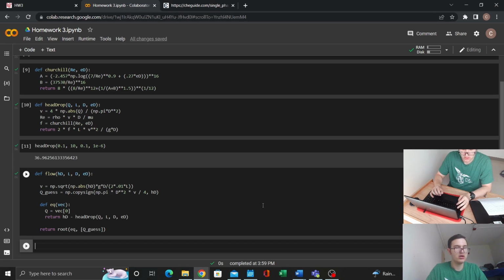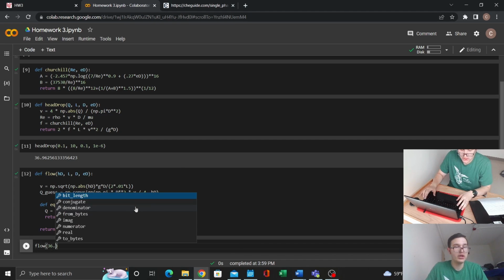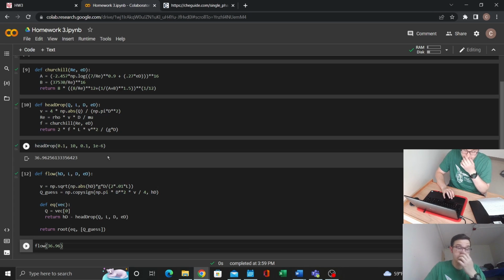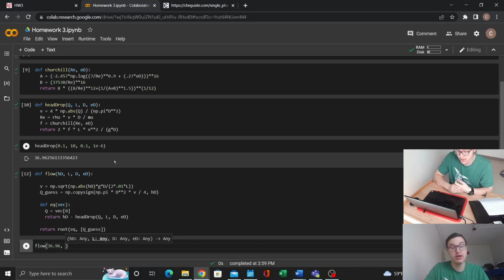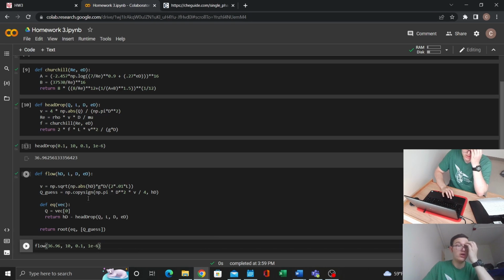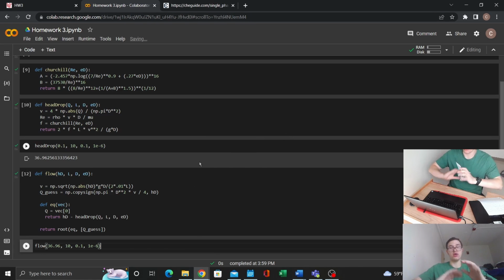And then if we find flow, given our value here for our head drop, so given 36.96 as our head drop, and we're just going to copy over the same values, 1e-6. Now, what this should do is give us a value very, very close to 0.1. That would mean that our head drop and our flow equations are working together to get the same results, basically.